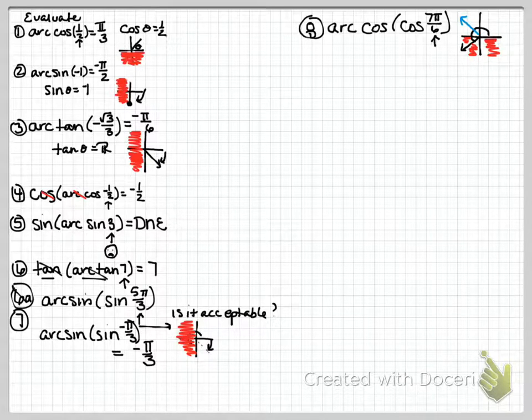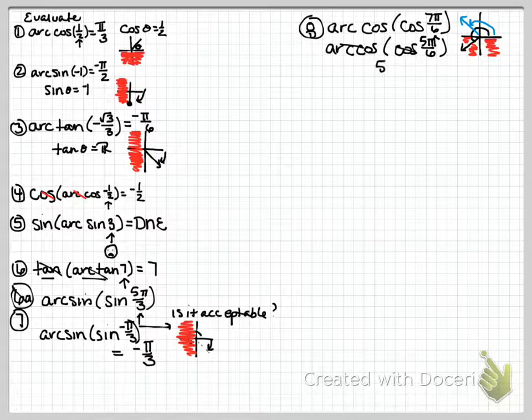So instead of going all the way to the third, I want to stop at the second quadrant. So I'm going to rewrite 7 pi over 6 to be 5 pi over 6. I want the same angle, but in an acceptable zone. Once I have it in the right spot, my cosines will cancel, and I end up with 5 pi over 6.